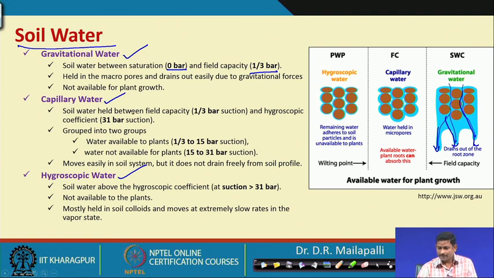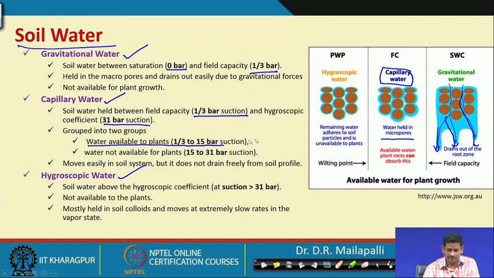Then the capillary water. If you see the capillary water here, water is held in micropores, between 1/3 bar suction and 31 bar suction. This is the total capillary water, whereas the water available to the plant lies between 1/3 bar and 15 bar.